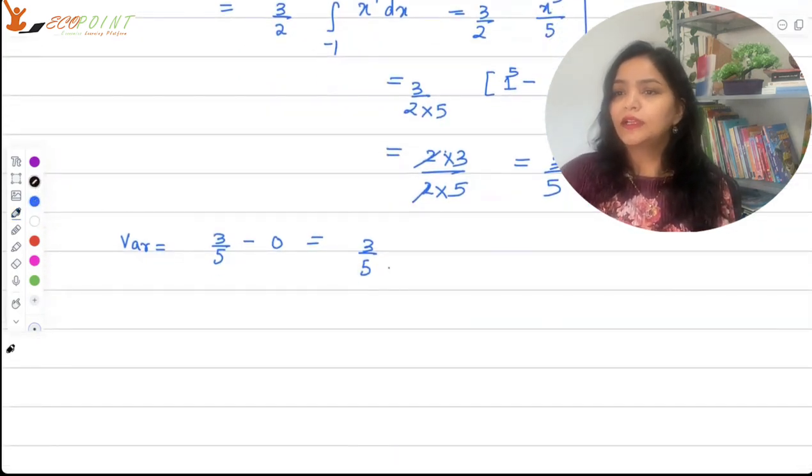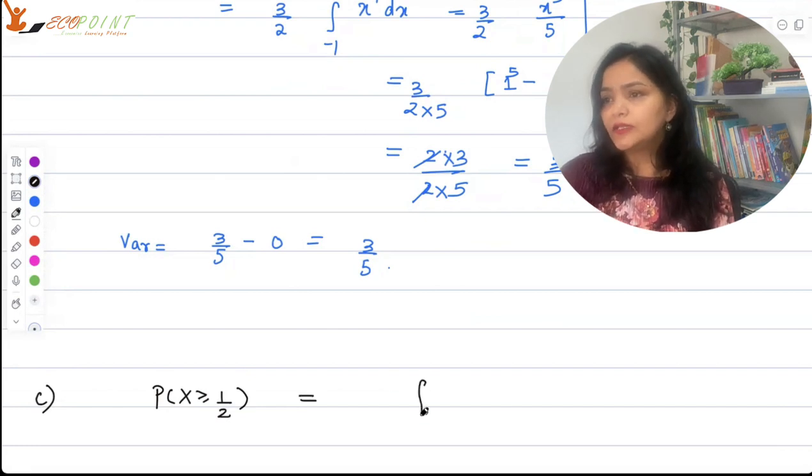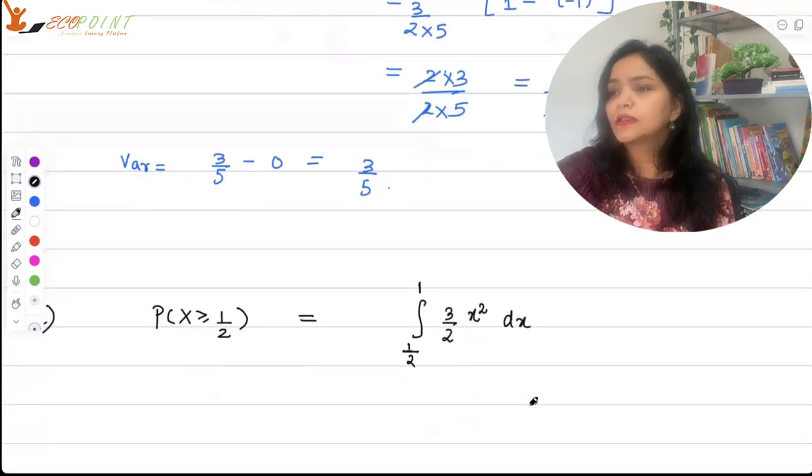Then the last part that I have in this question is to find out probability x is greater than or equal to half, right? Well, probability greater than or equal to half means that we'll be considering only x which are greater than half. So half to 1, fx dx, fx is 3 by 2 x square dx.